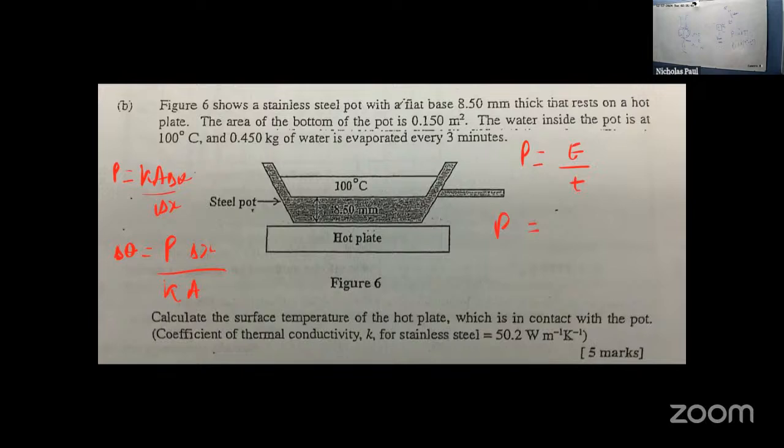The energy is how much? The energy is 0.45 by L_V, 2.26 by 10 to the 6, all over 3 minutes, that is 3 by 60. What did you all get? 106 degrees C?